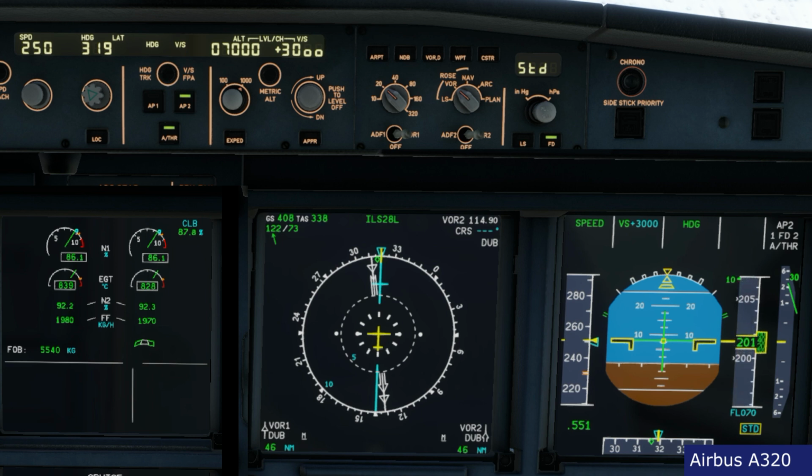Now, if I realize something is wrong and I want the aircraft to level off straight away, on the 737 you had the altitude hold function. Here the altitude hold cannot be selected, but you have a push to level off function which corresponds to what is on the 737 the altitude hold.